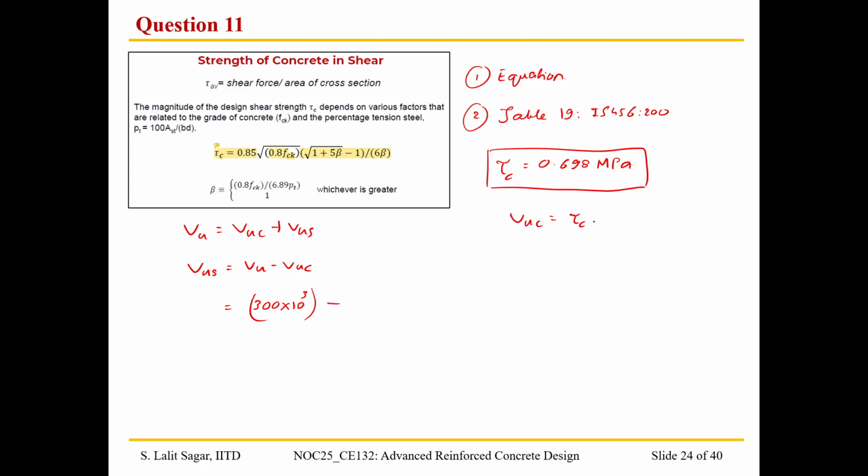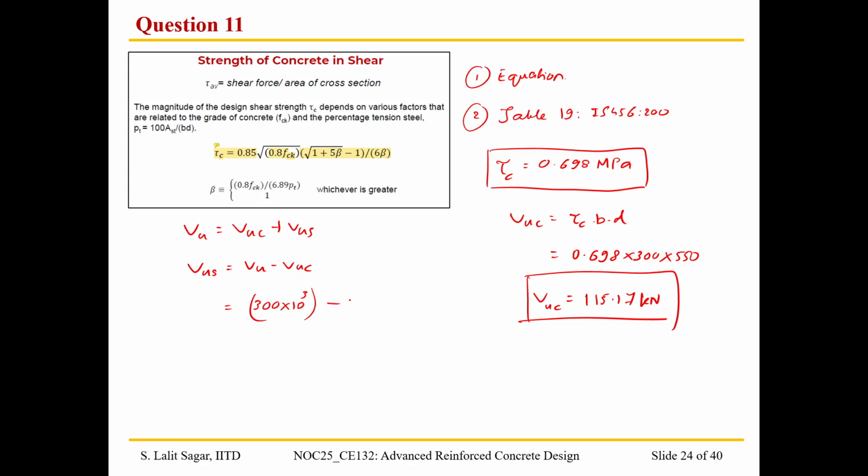VUC is equal to tau c into B into D, that is 0.698 into 300 into 550, which gives a value of 115.17 kilonewton. Yes, it's 115.17 kilonewton.